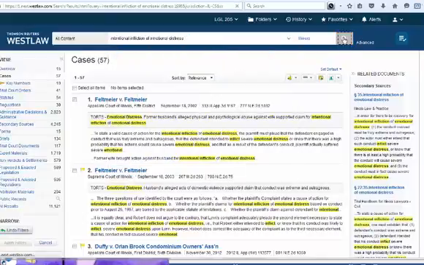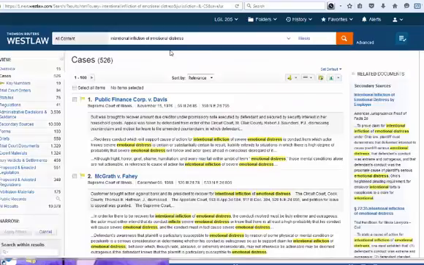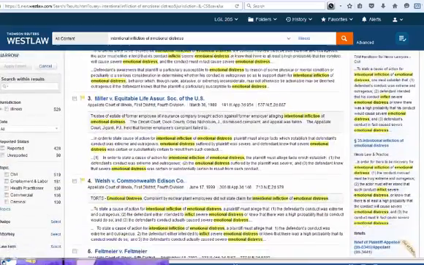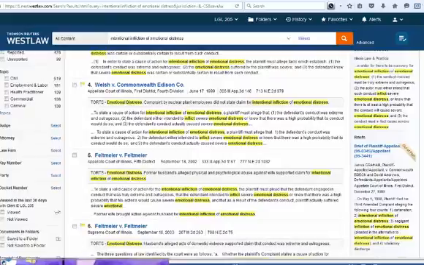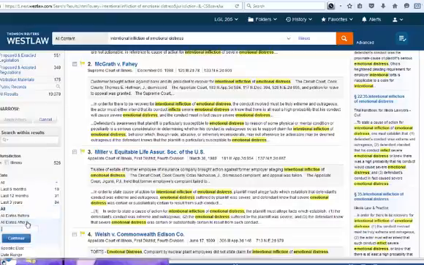I'm going to search one last time. Okay, so now I have intentional infliction of emotional distress. Did my filters remain? I got to do this again because I messed it up.